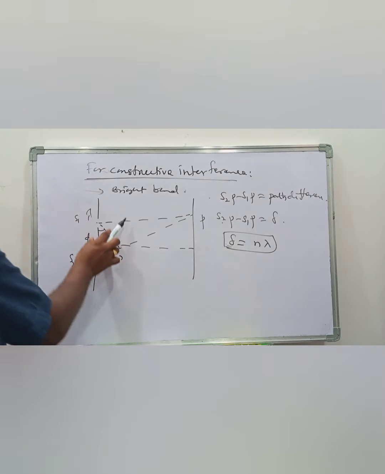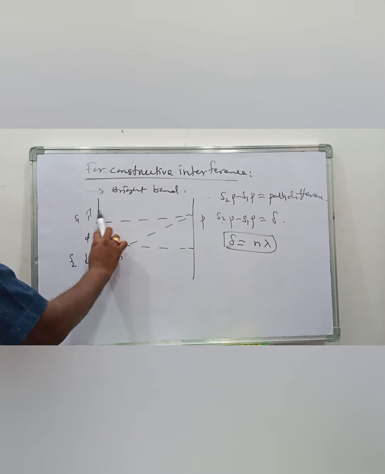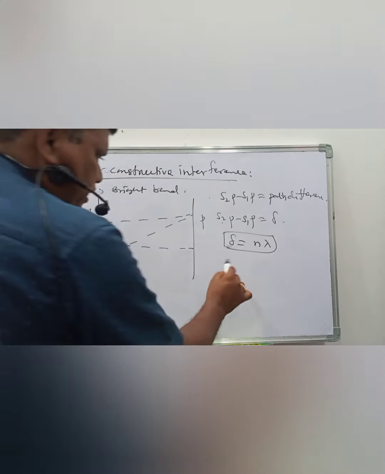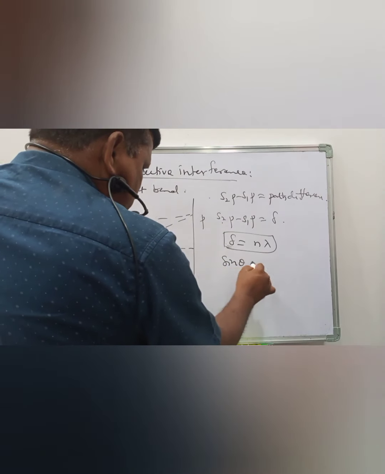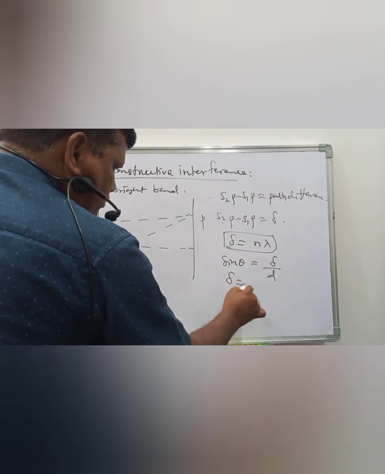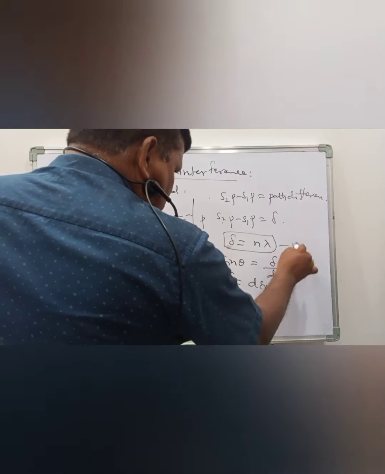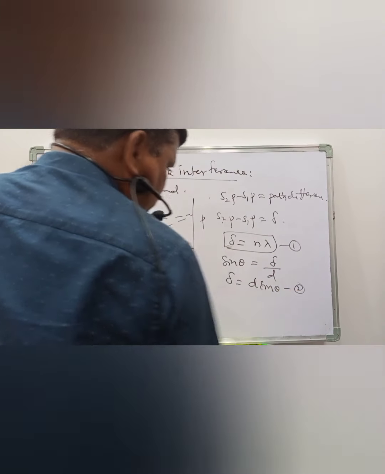So S2P minus S1P. This gives theta, this is opposite, next this is hypotenuse, this is adjacent. So we can write sine theta is equal to delta by d, and delta is equal to d sine theta. This is equation number 1, this is equation number 2.